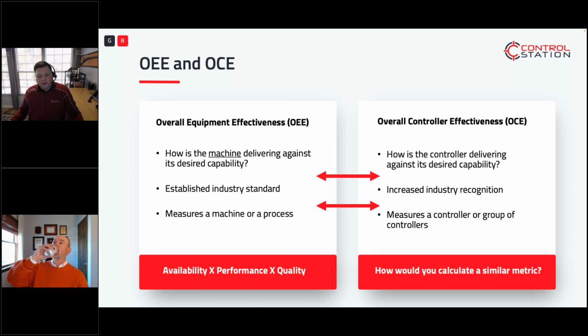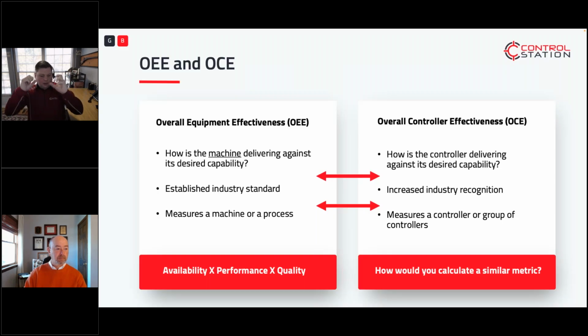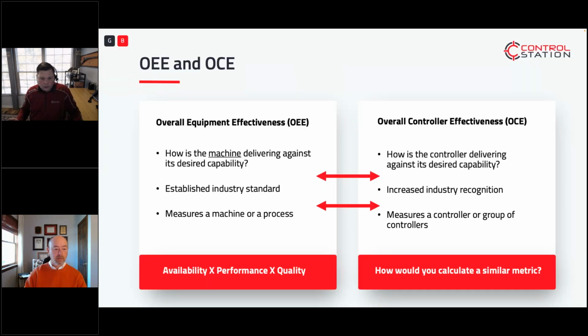And you do want to think about that analog to OEE, right? When you're talking about PID controllers or controller performance, you have that same idea of thinking about availability, performance, and quality, and what are the attributes of a PID controller that would give you that same bit of information, right? How available is the controller to do its job? What is the performance? Is it having the right quality?